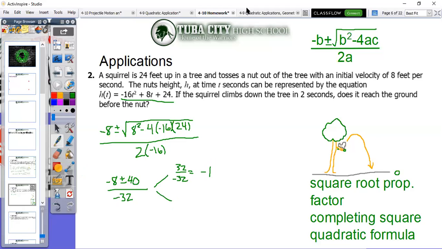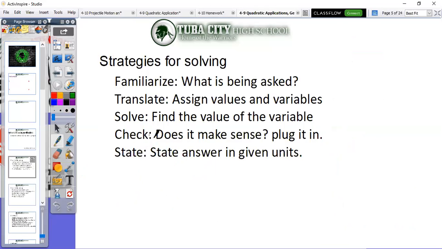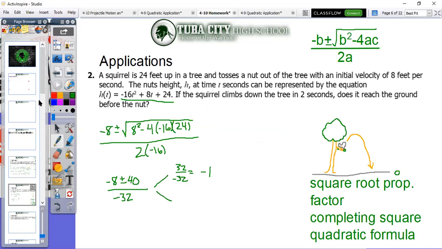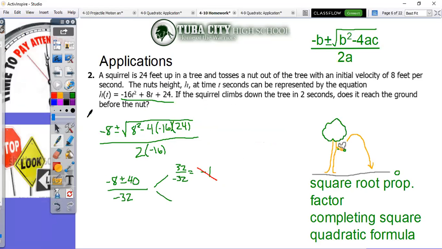But remember, we have to ask ourselves, does that make sense? Is it possible for a nut to fall out of a tree and hit the ground in negative 1 seconds? Nope, that's totally preposterous. So that's not going to work out.